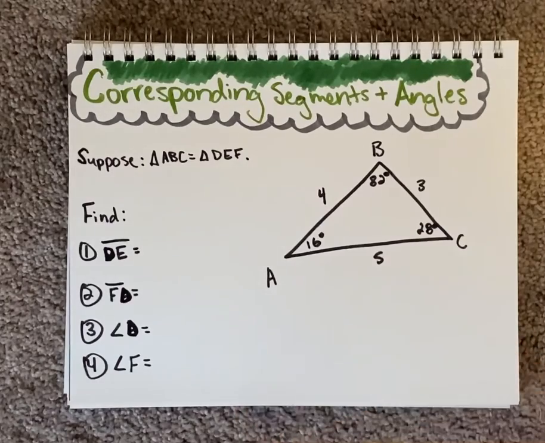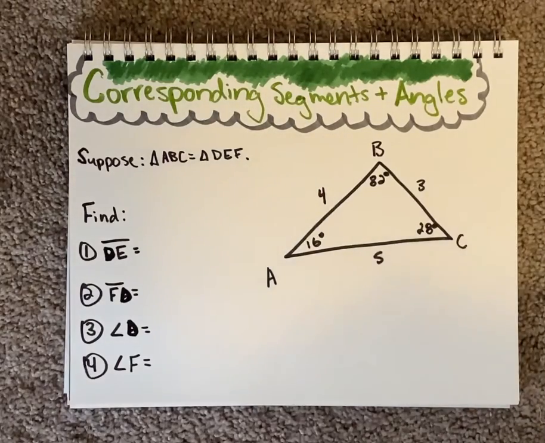For this problem, I want you to suppose that triangle ABC equals triangle DEF. Now, this is a hypothetical triangle, but we understand that it is congruent to triangle ABC, which means that they'll have equal angles and line segments, or sides. So for this problem, I want us to try to find these congruent sides and angles.